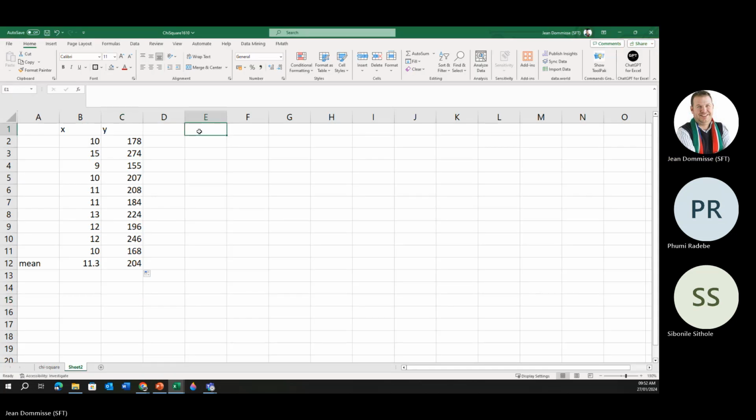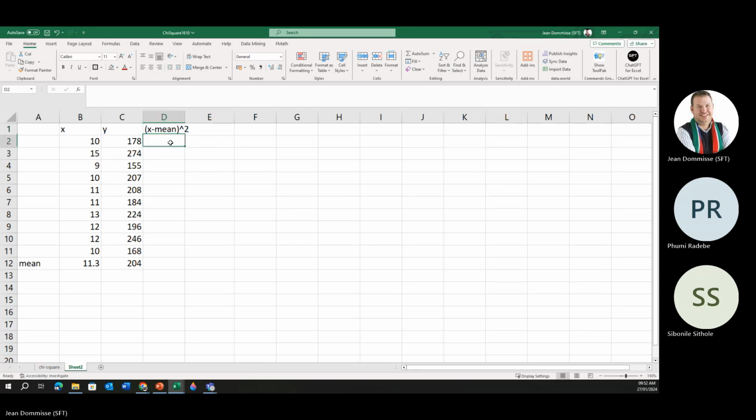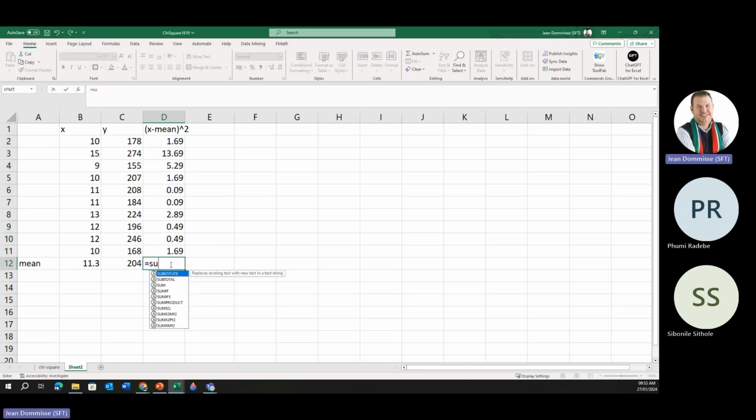So let's say x minus the mean to the power of 2, x minus the mean to the power of 2, and we need to sum that.